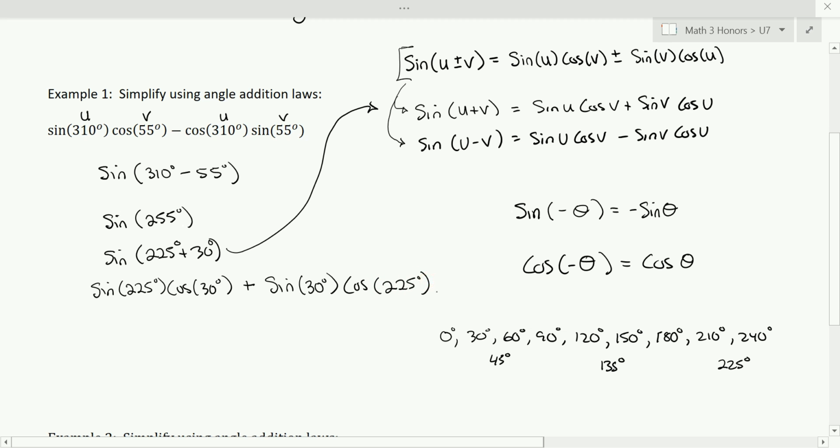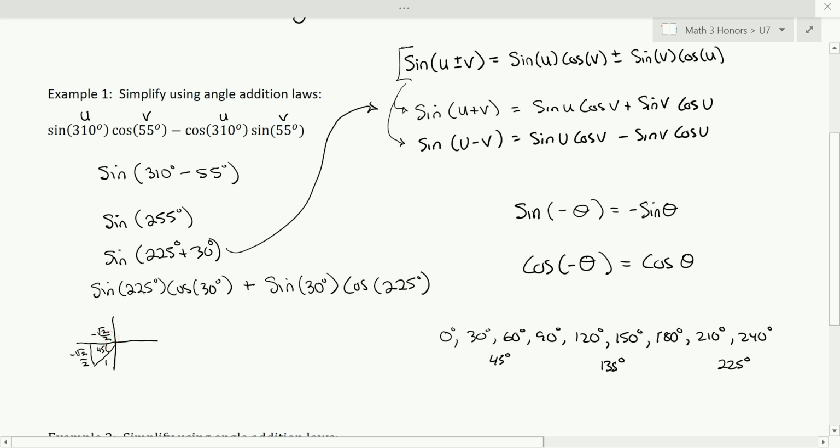Okay. And at this point, we know these values, or hopefully you remember how to find these values in the unit circle. And you can use a little picture to help you. So 225 is in which quadrant? The third quadrant here. And that creates a reference angle of 45 degrees, right? And if the hypotenuse is 1, we have negative root 2 over 2 and negative root 2 over 2 for the x and y values.